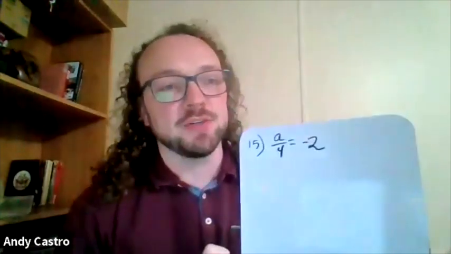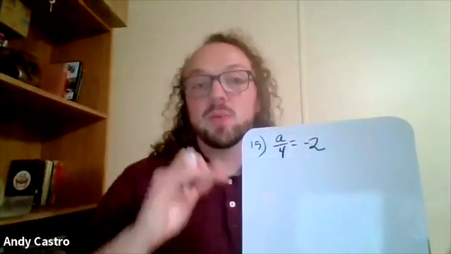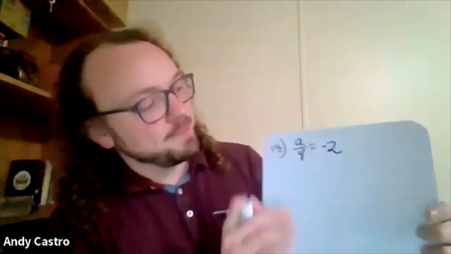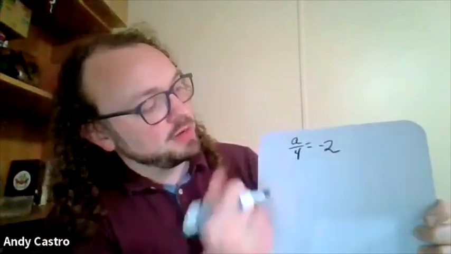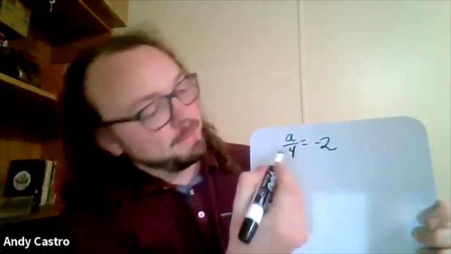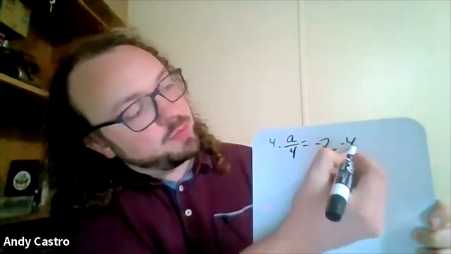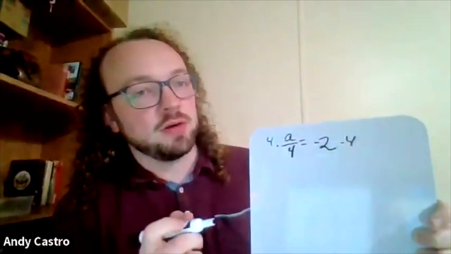So first, I'm looking at question 15, which was a over 4 equals -2. This is going to help us set up for what we're going to get to today. I'm going to erase the problem number real quick. So all we have to do in this one to isolate the variable is multiply both sides by 4.